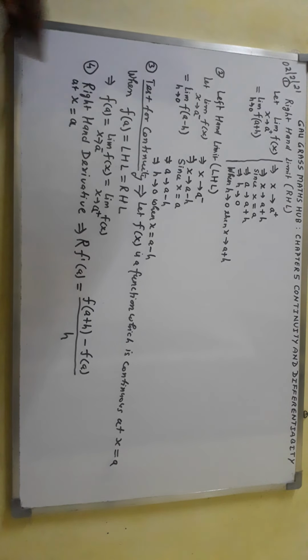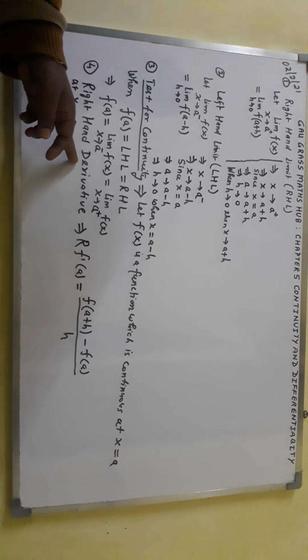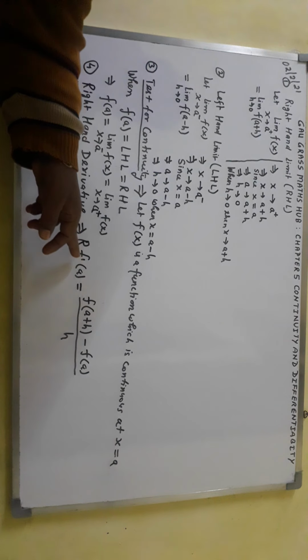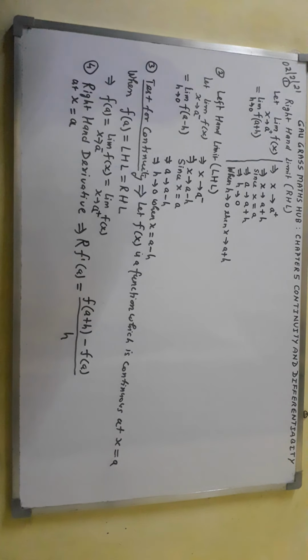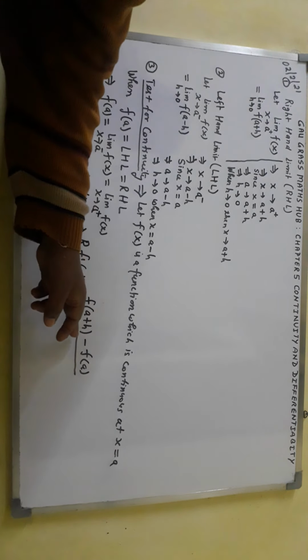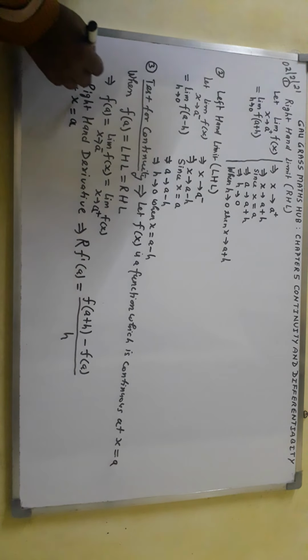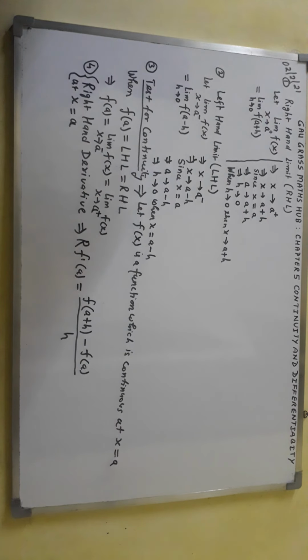For right, here capital R, derivative, this is the notion of derivative, f dash a is equal to f(a plus h) minus f(a) whole over h, right hand derivative at x tends to a.